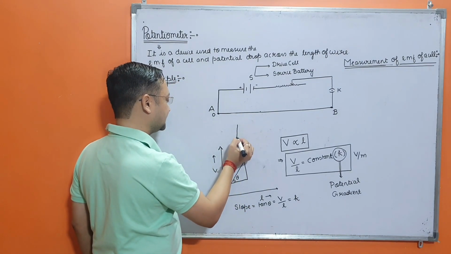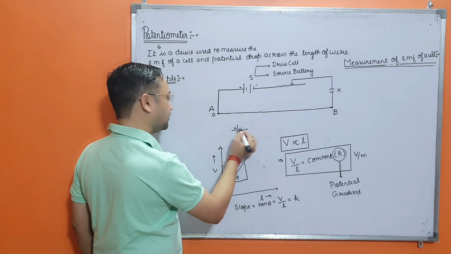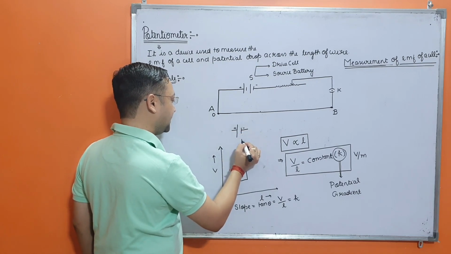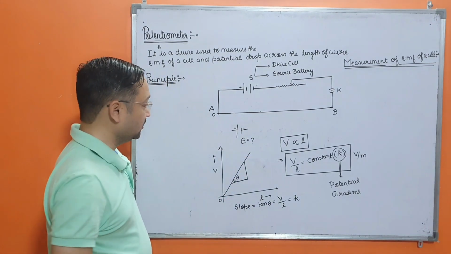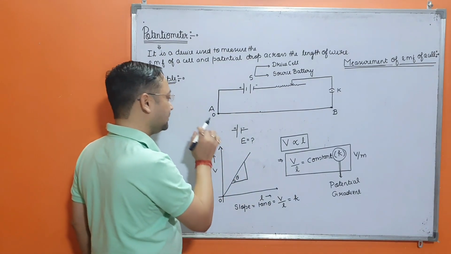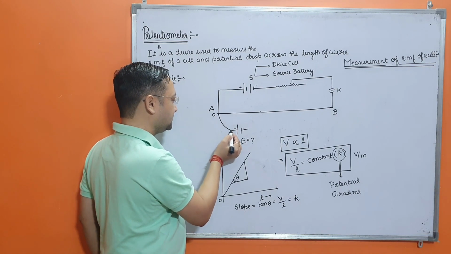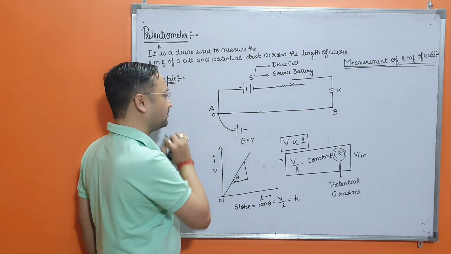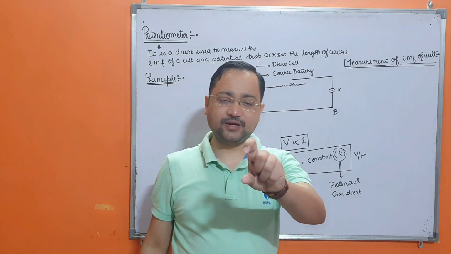If you want to measure the EMF of a cell, let this be the standard cell whose EMF we want to find out. This is the positive terminal, this is the negative, and the EMF of the cell is unknown. You connect the positive terminal of this cell to the zero end of the potentiometer. What do we mean by the zero end?